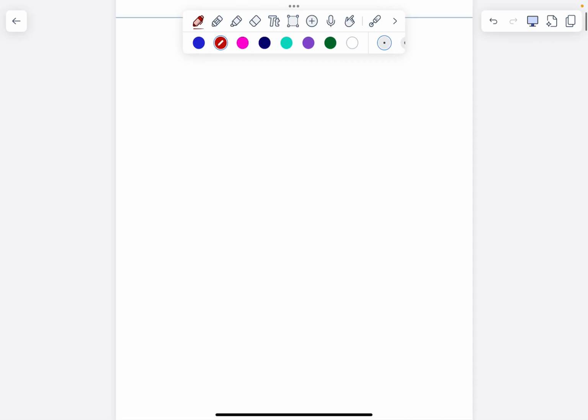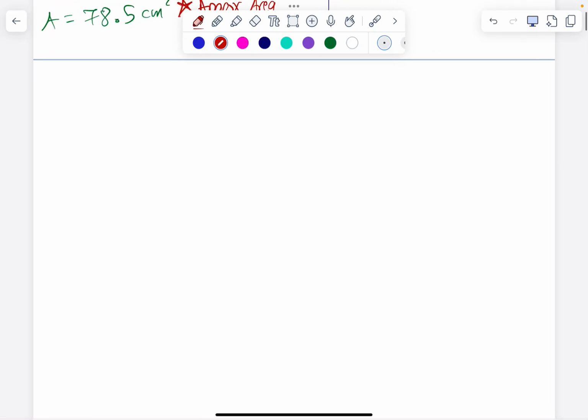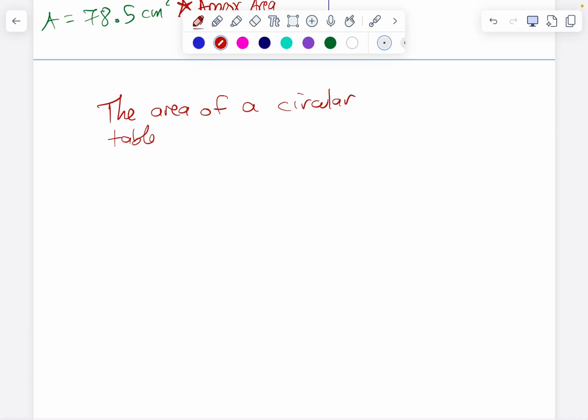So let me give you a quick example. Maybe we know the area of something, so the area of a circular table. You can write this down if you want. This won't be too long. I might even change it a little.